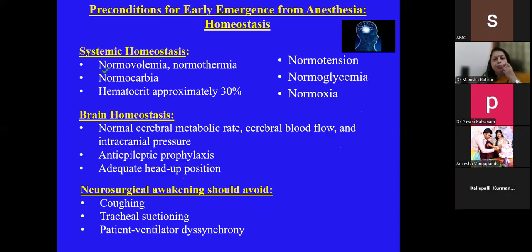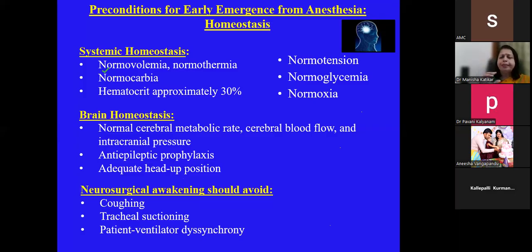Avoid coughing, tracheal suctioning, and patient-ventilator dyssynchrony at the end, to avoid any rise in intracranial pressure. You have to extubate these patients in deeper planes of anesthesia so that you avoid all pressor responses at the time of extubation. This is because, suppose the surgeon has removed a tumor successfully, and at the end of the surgery there is big coughing, or you are suctioning the trachea, or there is patient-ventilator dyssynchrony, there is a rise in blood pressure at the time of extubation, an awake patient coughing on the tube.